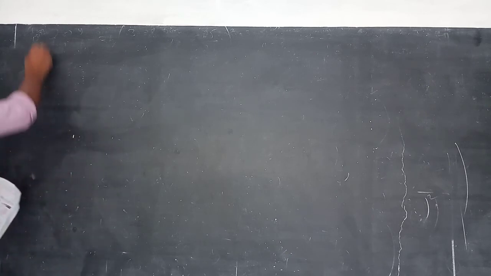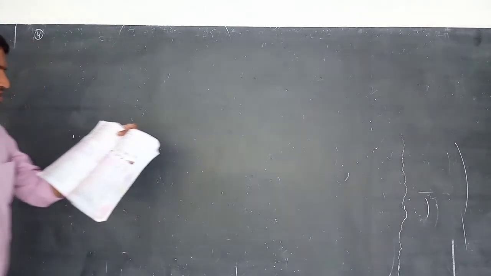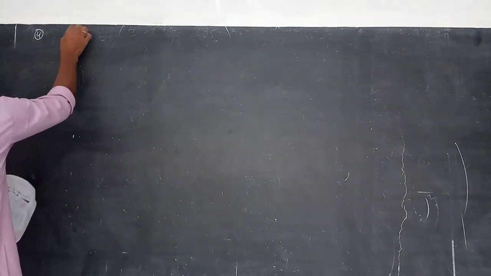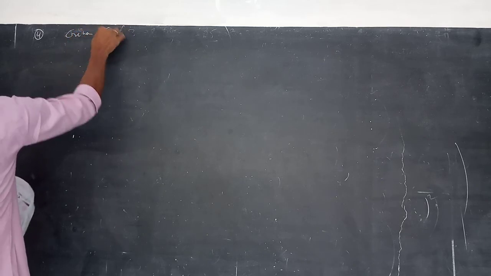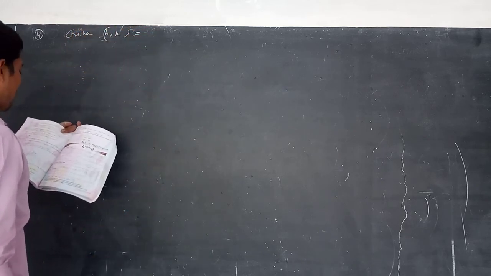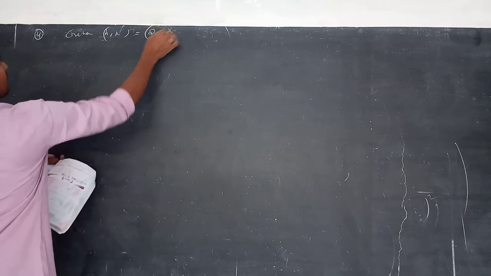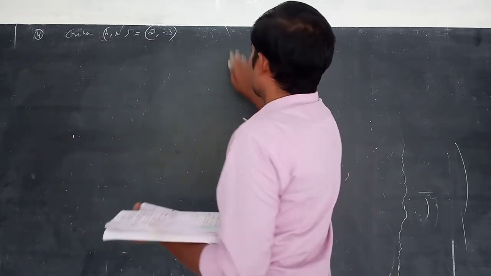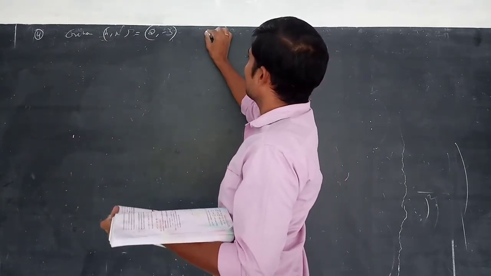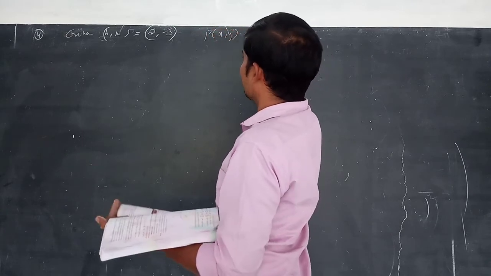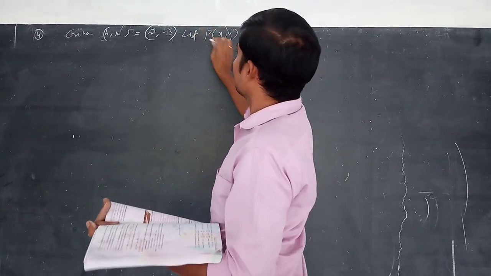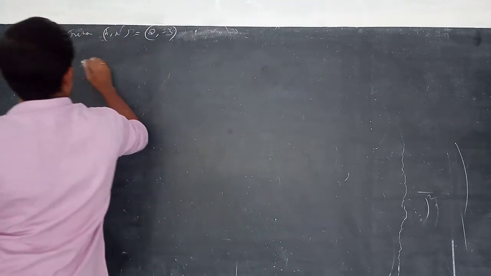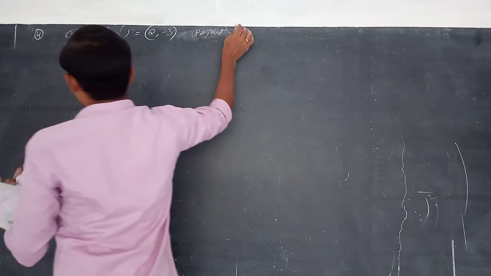See, now problem number 4. The origin shifted to, that means h comma k. Given h comma k equal to 2 comma minus 3, and the coordinates of the point. Let us suppose that point is x comma y, equal to, what is the point here?